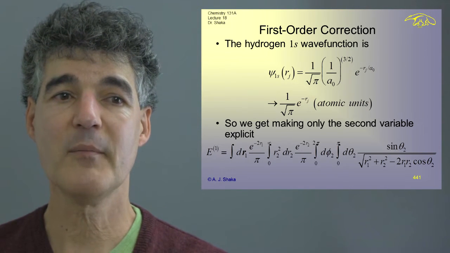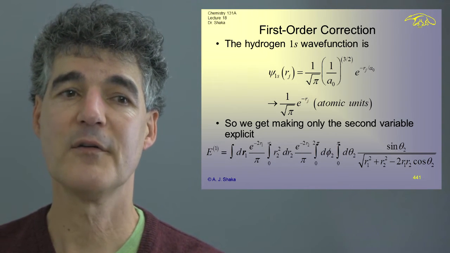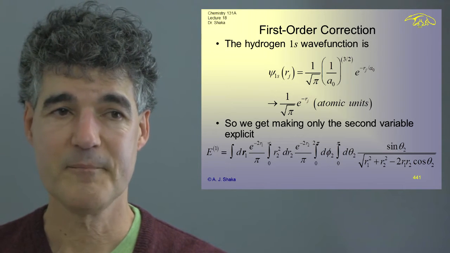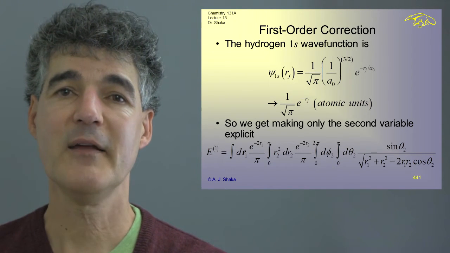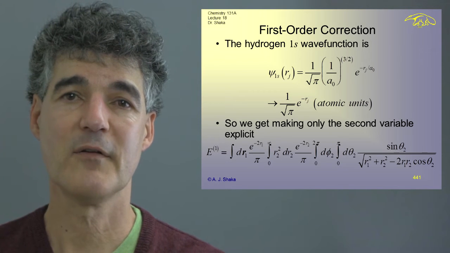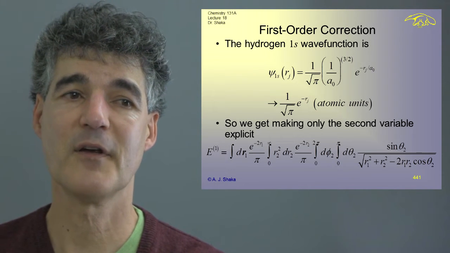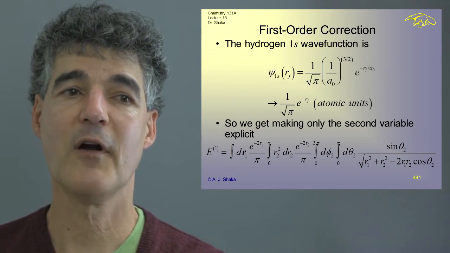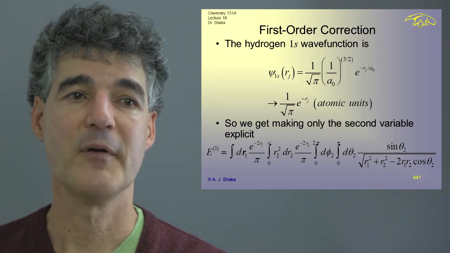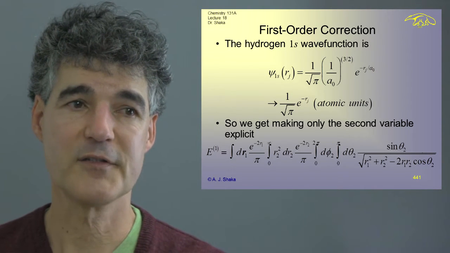And then in the denominator I have this 2r1 r2 cosine theta. Then I have the integral over phi. That doesn't bother me, the integral over d phi 2. I don't see any dependence on phi. Then I have the integral over r, and I have to remember to put in the r squared there.